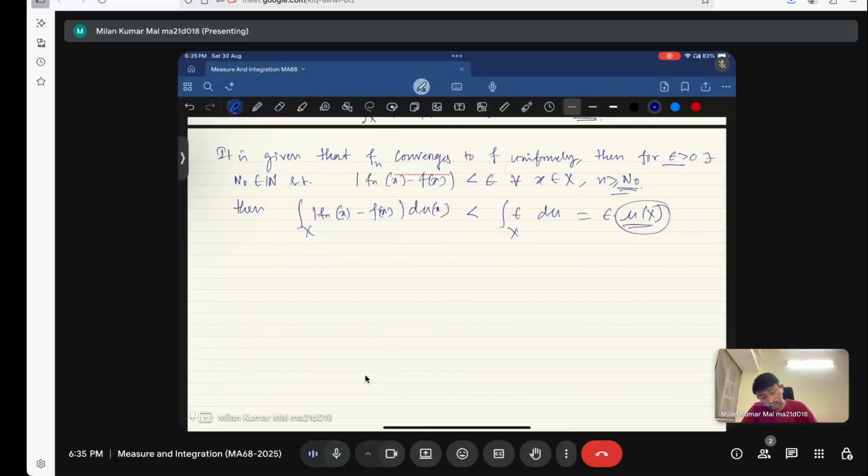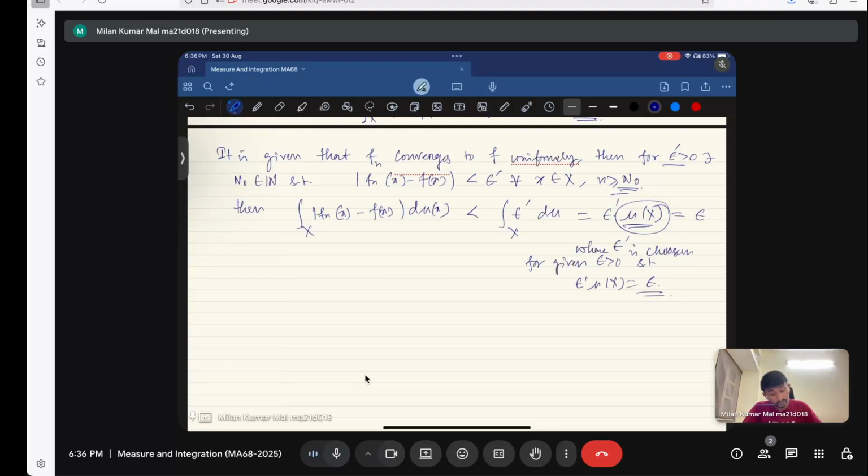So one can choose epsilon dashed, chosen for the given epsilon, such that epsilon dashed times mu of X is equal to epsilon.